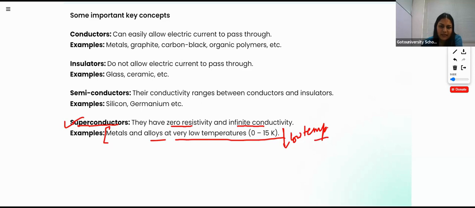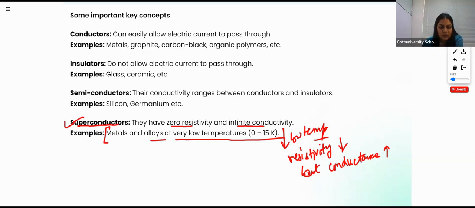At such low temperature, resistivity drops, it decreases, and as resistivity decreases, conductance increases. So that is why they start acting as superconductors.